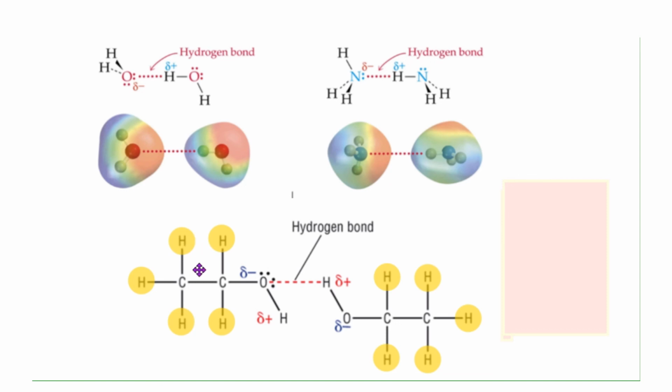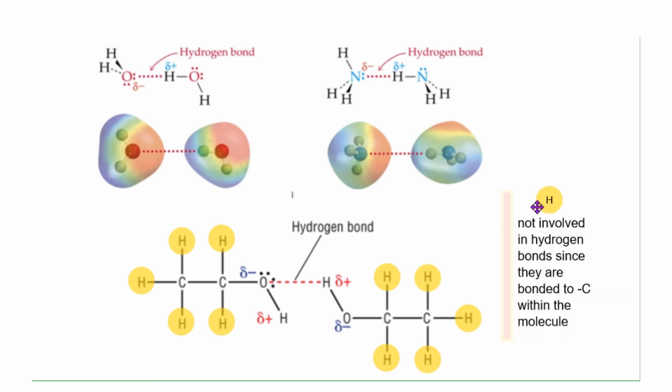The hydrogens that are bonded to carbons are not bonded to an oxygen, nitrogen, or fluorine, so they are not involved in hydrogen bonding with the next molecule. So the ones that I've covered in yellow are not involved in hydrogen bonds since they are bonded to carbon within the molecule. They're not bonded to an oxygen, a nitrogen, or fluorine, which are small, highly electronegative elements.